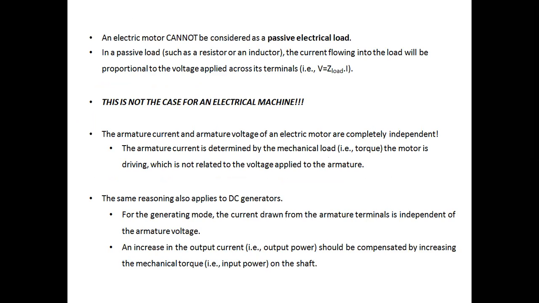So an electrical motor cannot be considered a passive electrical load, because in a passive load, the current passing through the load will be proportional to the supply voltage according to Ohm's law, V equal to IR, because it will not give amplification in that voltage.